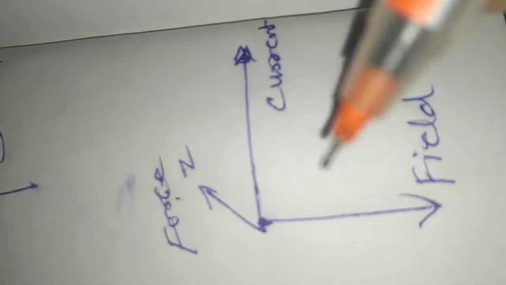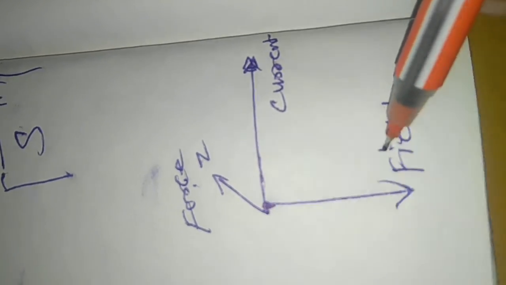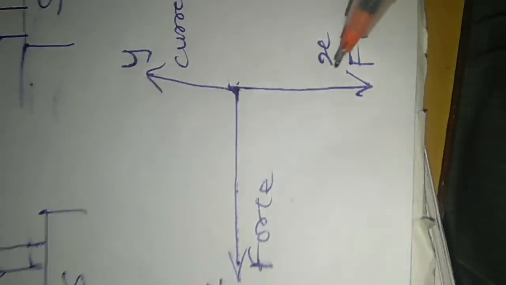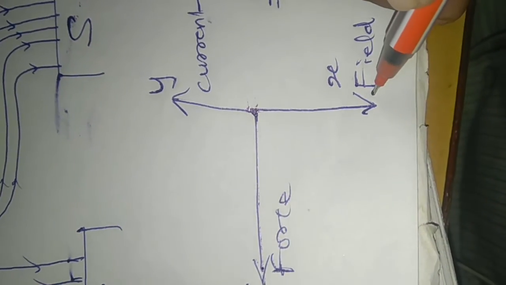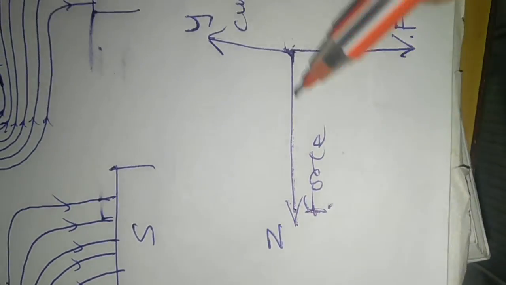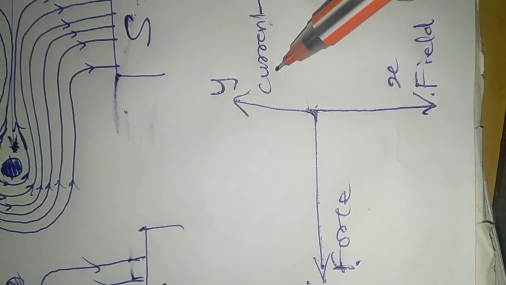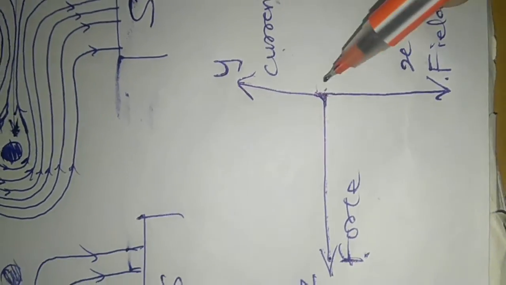So you can see that the field is here. You can represent it like this: the field is in this direction X, the force in Z direction, and the current is in Y direction, meaning upward current will be there.